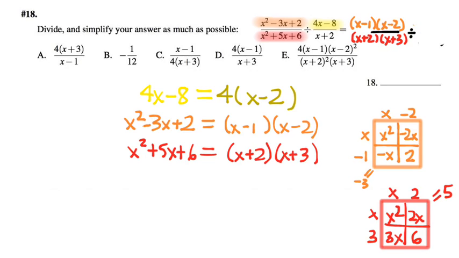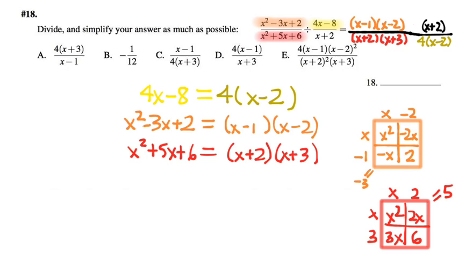I'll put the x plus 2 upstairs, and the 4 times the quantity x minus 2 downstairs. And now that I've flipped the second fraction, I'm going to multiply instead of divide. And when you multiply fractions, how do they multiply? Straight across. I'm just going to write one big long fraction bar that just connects there. So now we've done the multiplication.